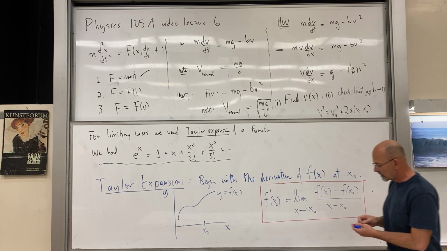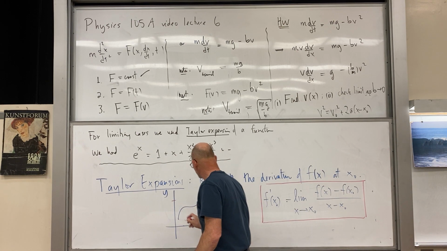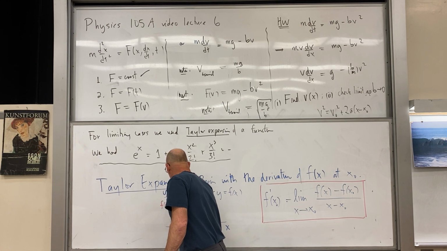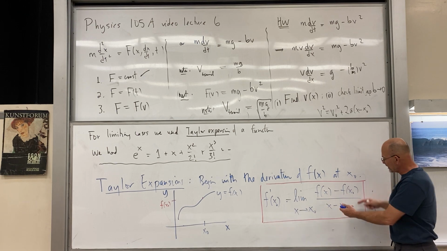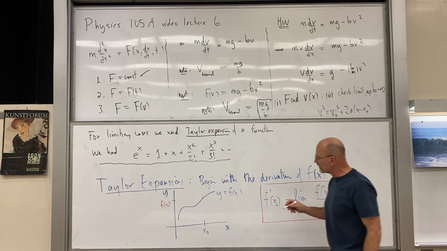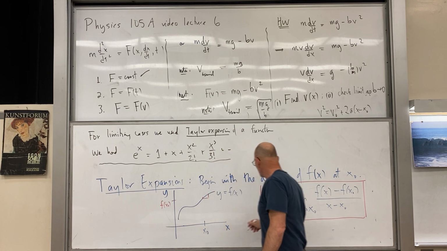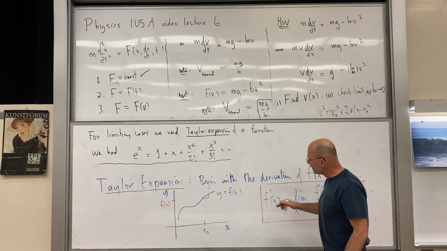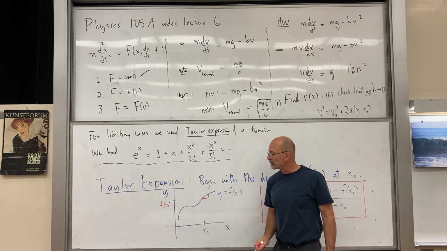Everybody's seen this before. We're out here at x0, and there's f of x0. Then, without taking that limit, we just have what are called difference quotients. And the numerator and the denominator are the rise and the run, so to speak, respectively.